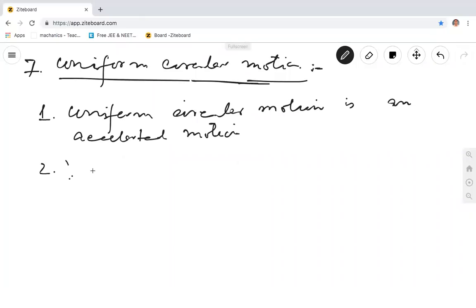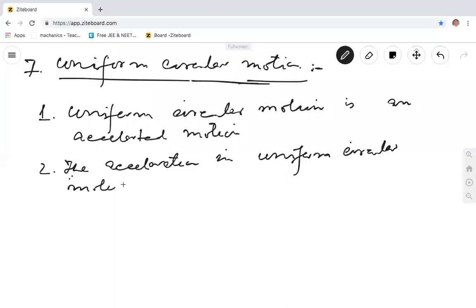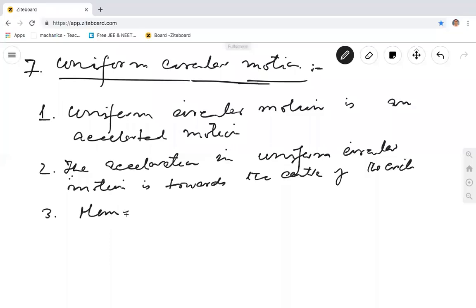The acceleration in uniform circular motion is towards the center of the circle. I will prove it later on. Okay. If it is an accelerated motion, that means its velocity changes. What about the momentum? Momentum changes because velocity changes.